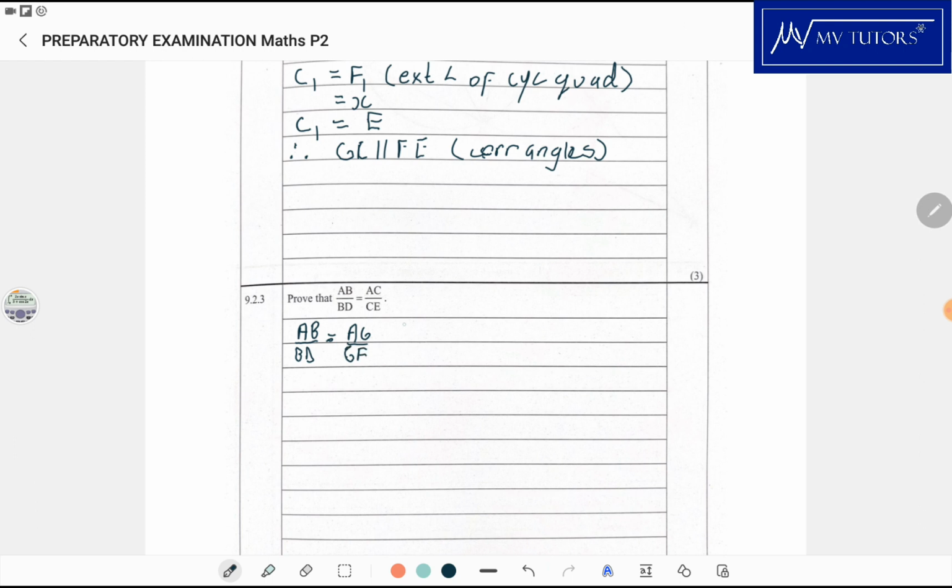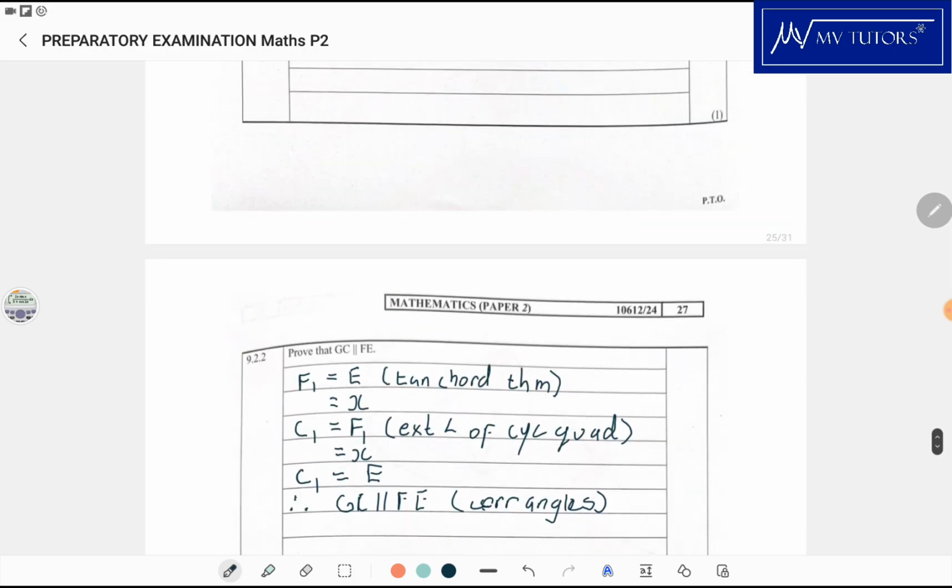Okay, and the reason for that is the proportionality theorem. So I'm just going to write prop theorem. Proportionality theorem. Okay, now I'm done with that one.